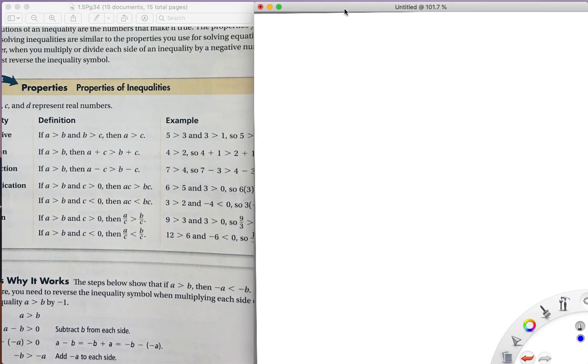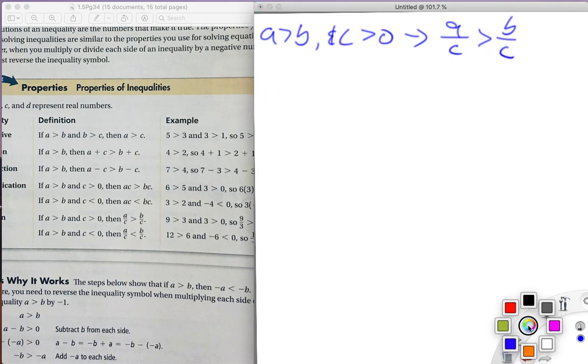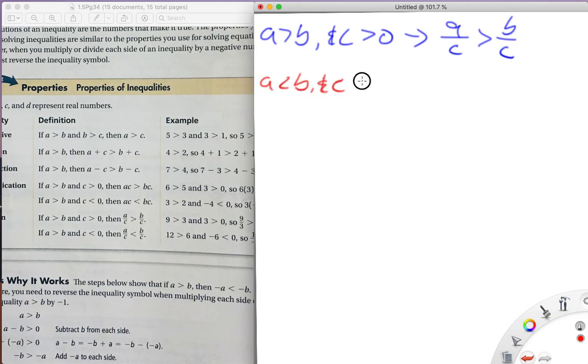So for the division property of inequality, if A is greater than B and C is greater than 0, then A divided by C is greater than B divided by C. However, if A is less than B and C is less than 0, then A divided by C is going to be less than B divided by C.